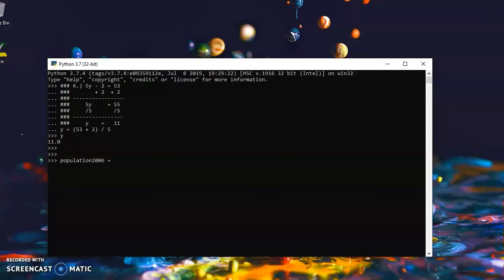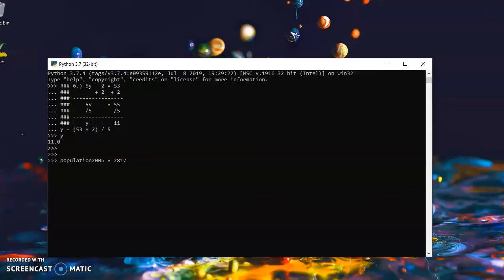Okay, population in 2006, well, they told us in 2007 there were 2,817 of them, and this was 296 fewer than 2006.